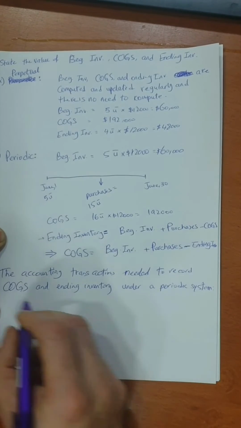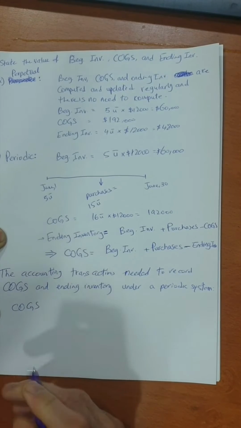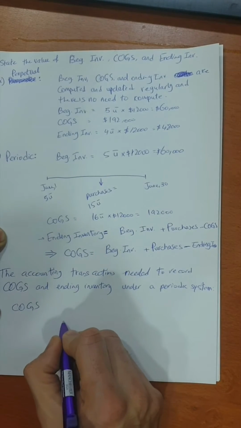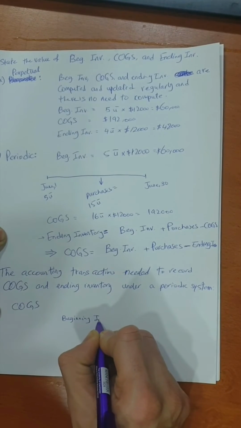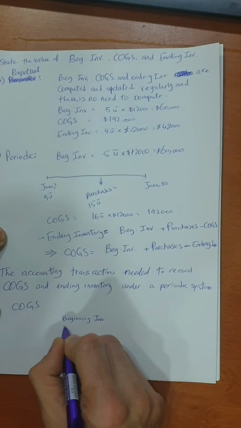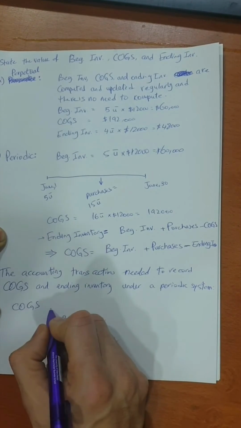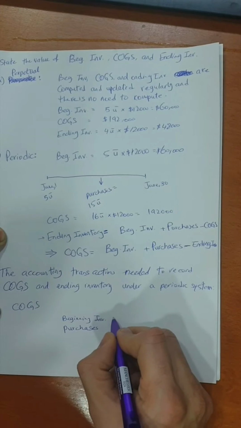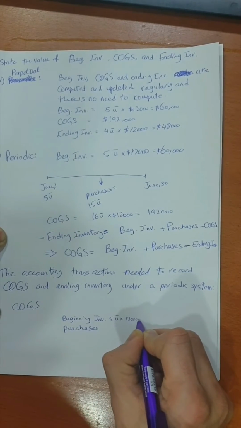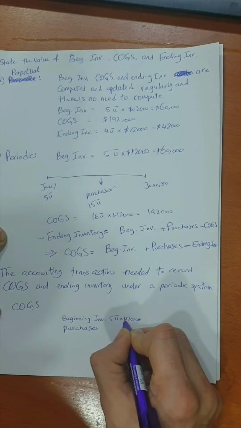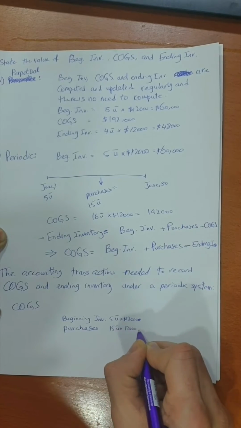At the beginning, you sell all the inventory that you have. Everything that you have comprises the beginning inventory and your purchases. This is everything that we had before selling anything, right? So the cost of goods sold now is equal to the beginning inventory, 5 units multiplied by 12,000, and the purchases were 15 units multiplied by 12,000.